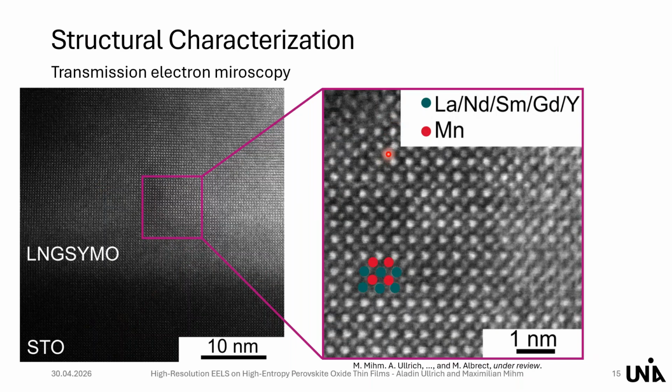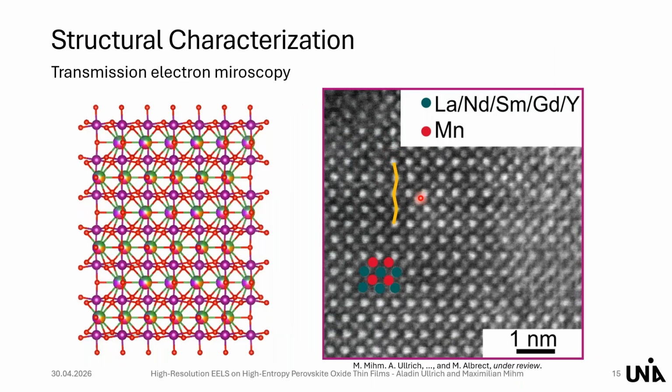And also from the theoretical structure, which you can see on the left side, they shouldn't be on a straight line. And this is the orthorhombic distortion, which was really nice to see also in the TEM image.